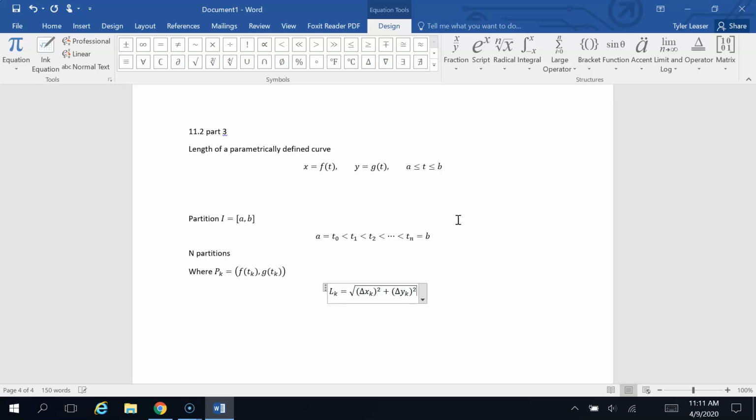And we can define those things because we're just looking at the distance between the partition spaces. So this is going to be the square root of delta x sub k, which is the distance from f of t sub k to f of t sub k minus 1, and then we're squaring that, plus delta y sub k, which is the distance from g of t sub k to g of t sub k minus 1.